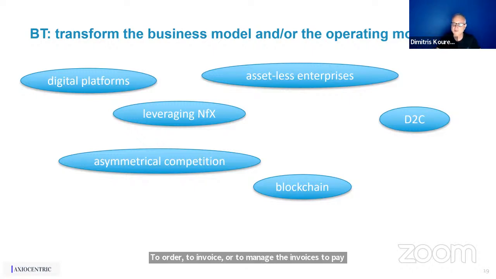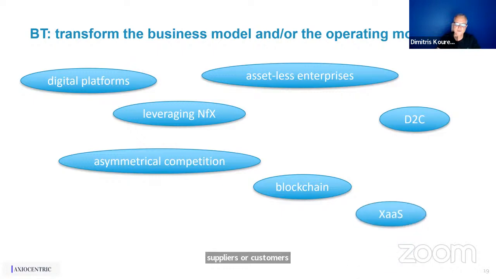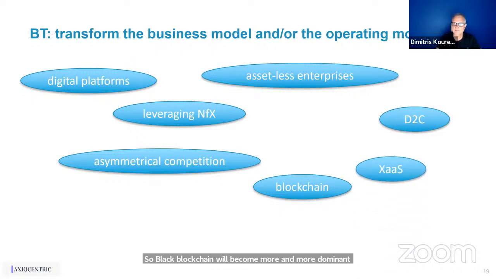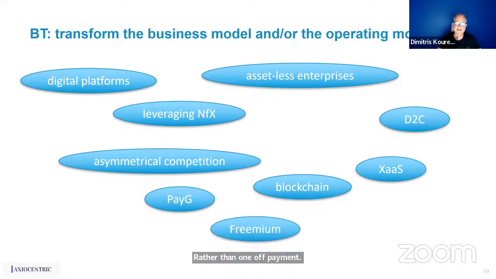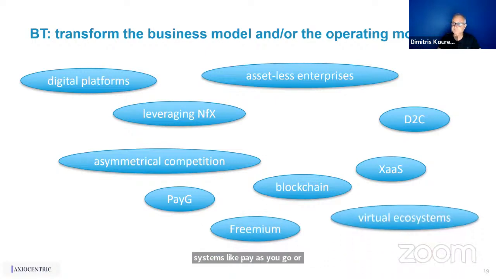So blockchain will become more and more dominant in the future. Everything becomes more and more offered as a service rather than one-off payment. So this is why also payment systems like pay-as-you-go or freemium become more and more popular.